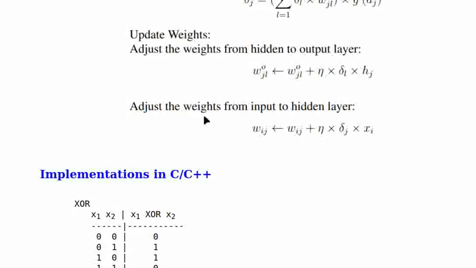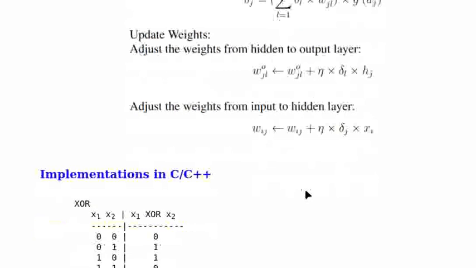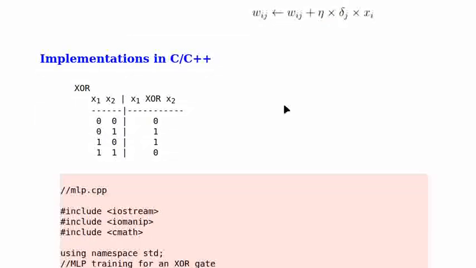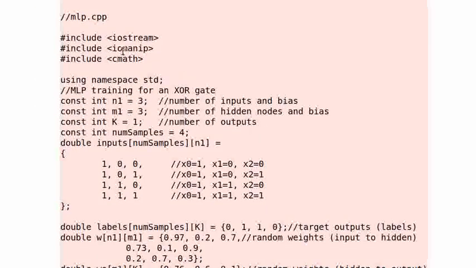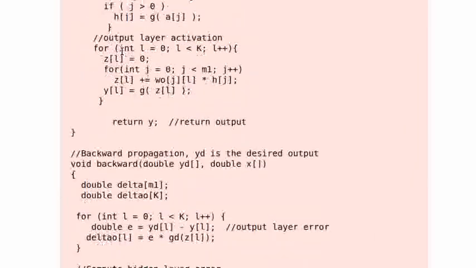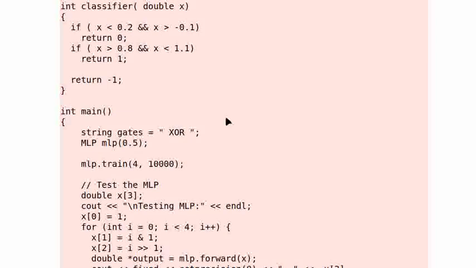And then we also adjust the weights from input to hidden layer using the delta j here. The implementation of these formulas is straightforward. So this is the code we discussed before, a straightforward implementation of these formulas.